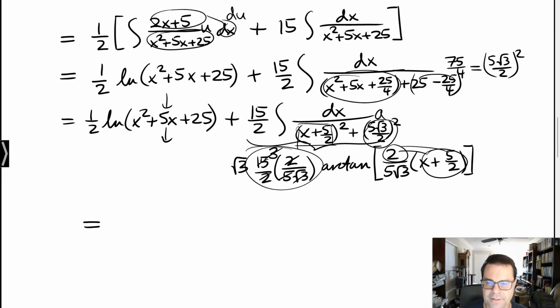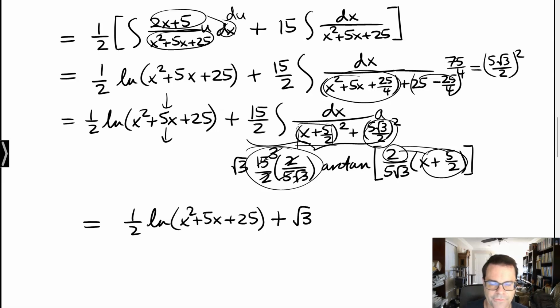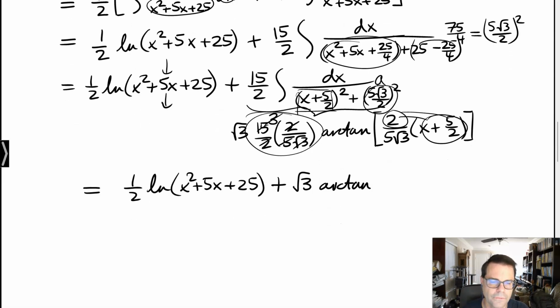So what I end up with at the end is 1/2 natural log x squared plus 5x plus 25 plus a square root of 3 times inverse tangent of 2x plus 5, all divided by 5 square roots of 3. Not very nice, but there it is.